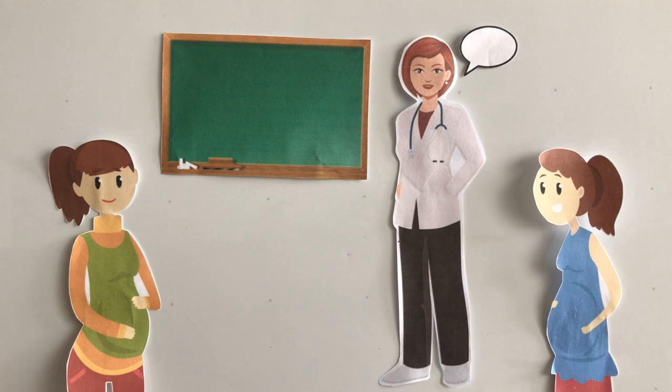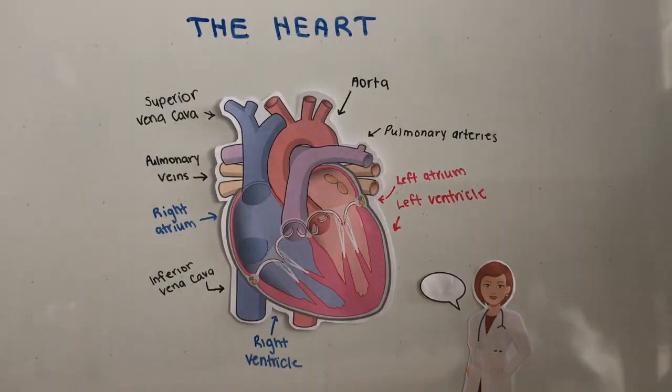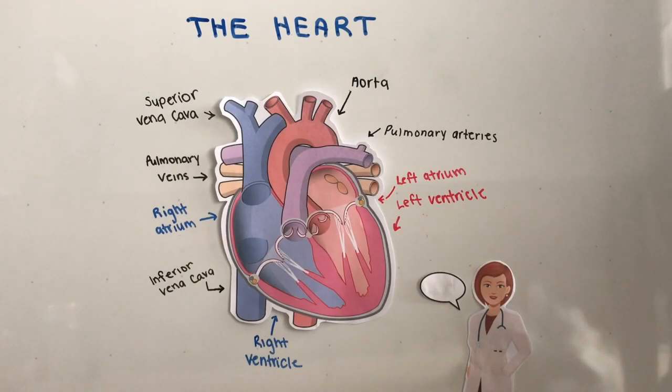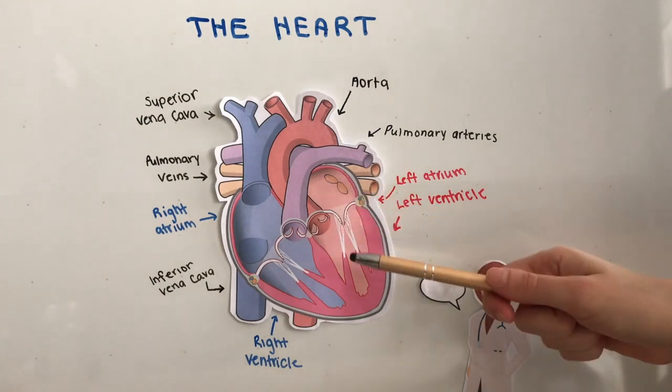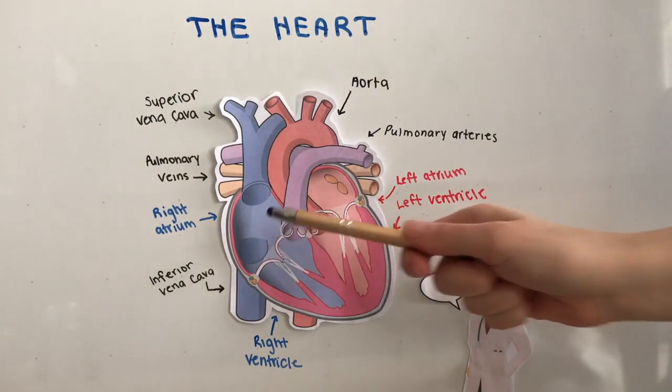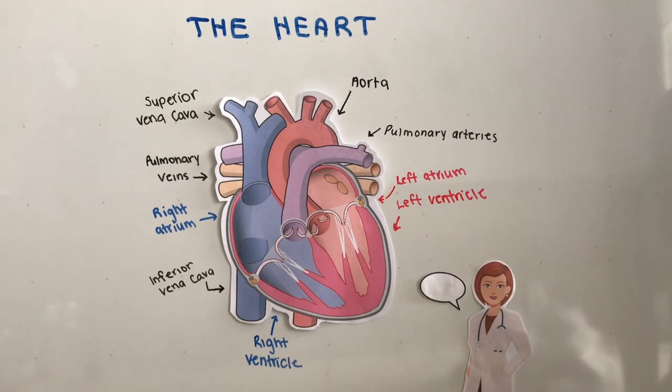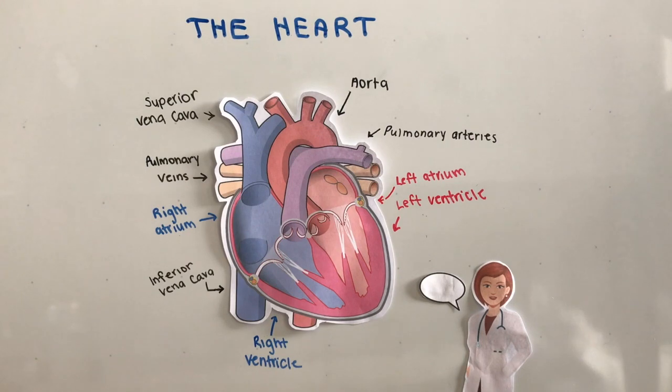To help you understand why there is currently a hole in your future little girl or boy's heart, let's talk about some simple anatomy of the heart. The heart consists of 4 chambers and is the organ responsible for pumping oxygenated blood to your body's tissues and organs. It is also responsible for delivering deoxygenated blood to the lungs.